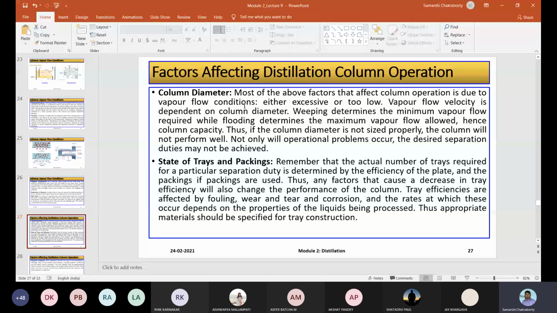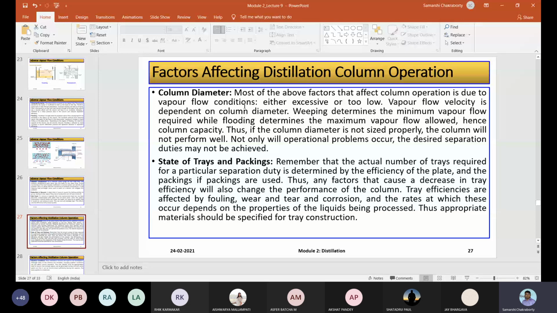Weeping determines the minimum vapor flow required, while flooding determines the maximum vapor flow that is allowed. The information on weeping tells you that this much vapor flow has to be there within your distillation column, or else the top tray product is going to mix with the bottom tray product because of weeping.